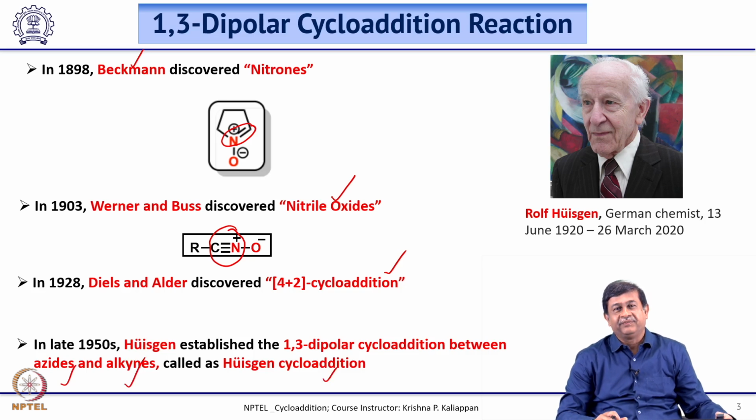In fact, this became very popular after Sharpless made it click chemistry, with the copper catalyst. So, copper catalyzed 1,3-dipolar cycloaddition between azides and alkynes became very famous because it has been renamed as click chemistry. We will talk about click chemistry in one of the lectures.